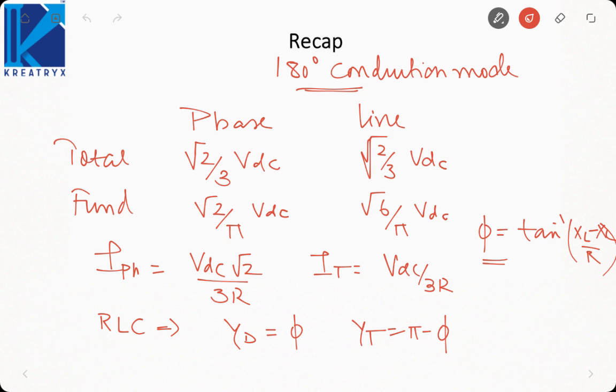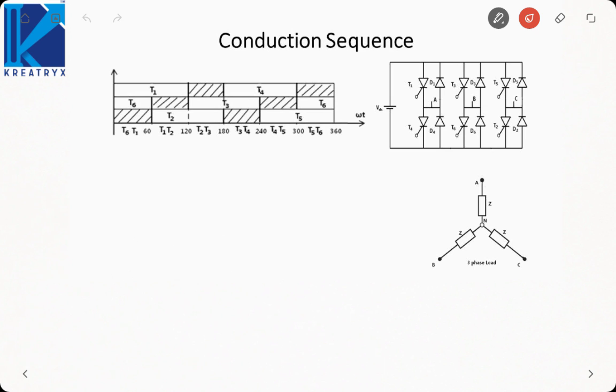So basically what is 120 degree conduction mode? Here each thyristor will conduct for a duration of 120 degree and rest of the 60 degree is left for the commutation.